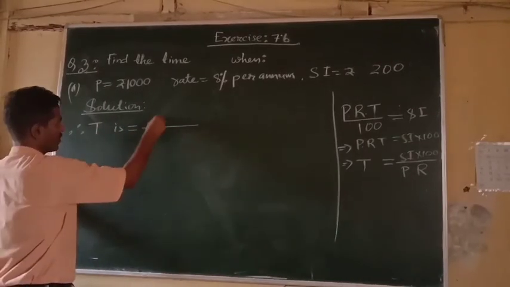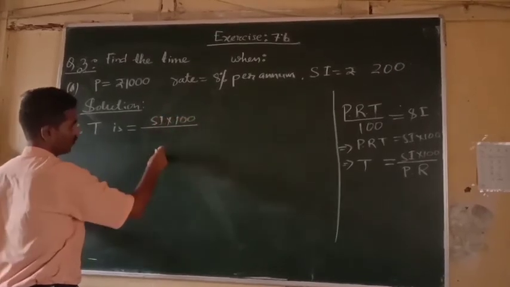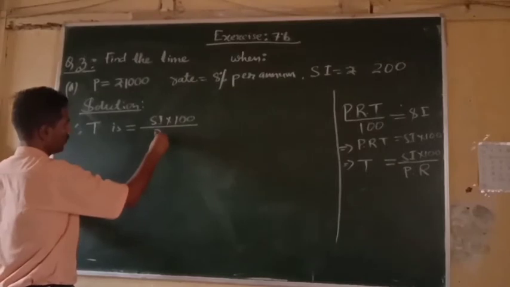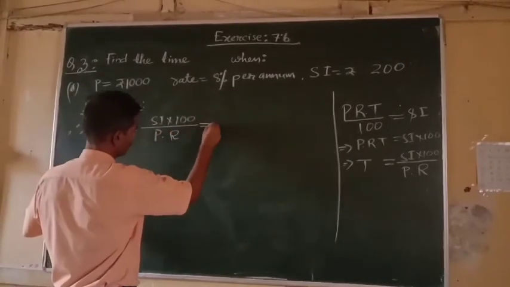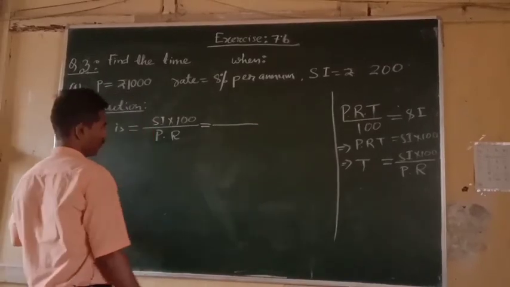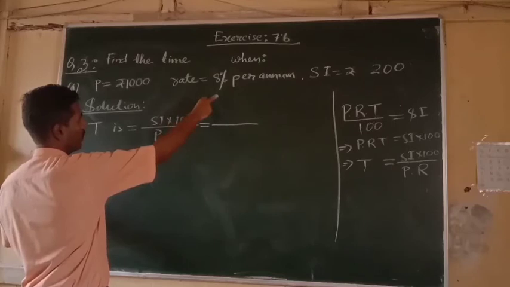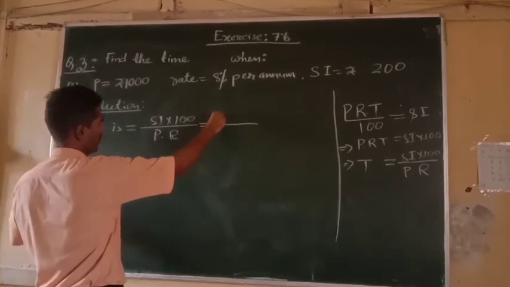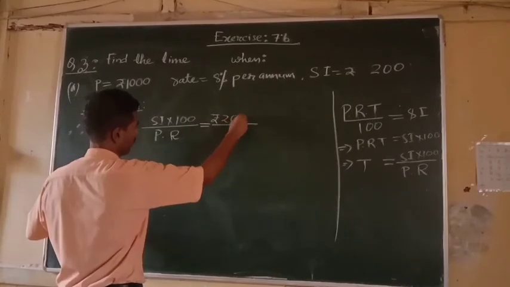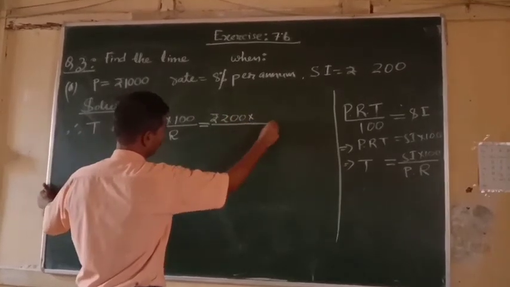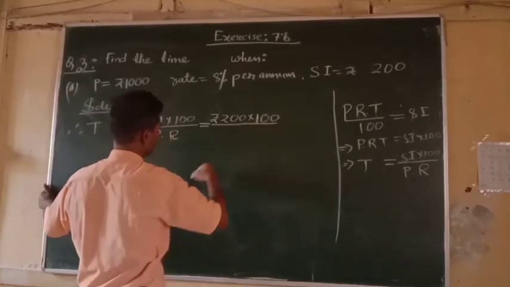Simple interest into 100 below P into R. In the following steps, simple interest is given in the question as rupees 200, so we'll write rupees 200 here. Then this 100 is from the formula, so we'll put 100 here.